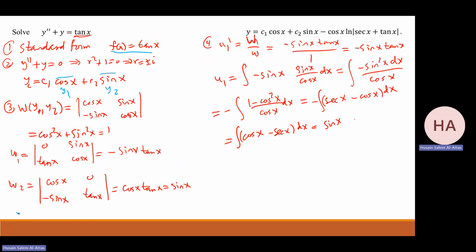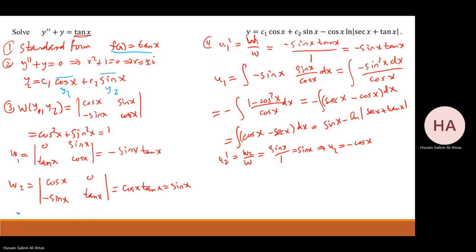Sine x minus ln secant plus tan. That will be u1. u2, I have u2 prime will be W2 over W. W2 is sine x over 1, which is sine x. So u2, the integral of this, which is minus cosine x.